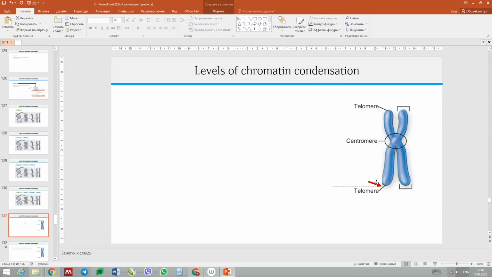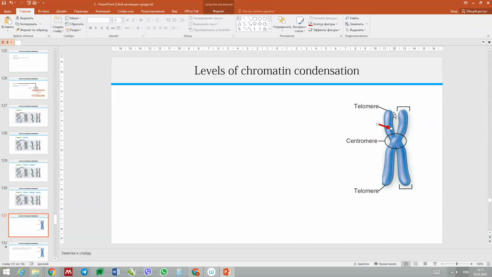So this is called one chromatid, and this is the second chromatid. All together, they form a chromosome. And one chromatid is connected with the second chromatid with the help of the centromere. One chromatid is composed of one DNA molecule and the other chromatid is composed of another DNA molecule, and they are identical. So one DNA molecule here is a copy of the DNA molecule here.